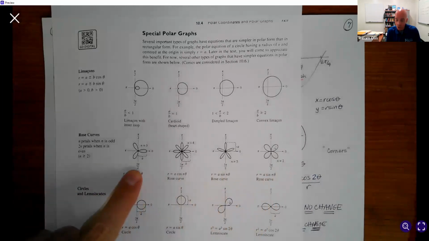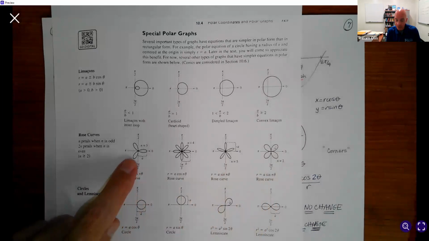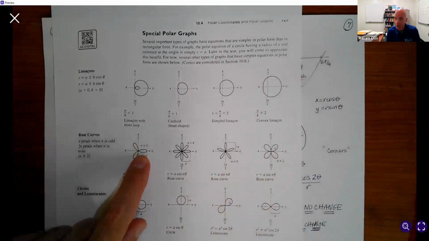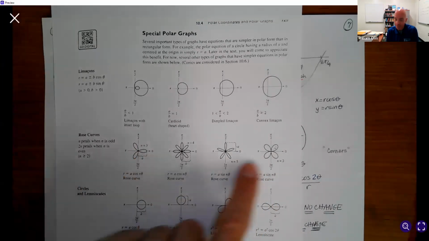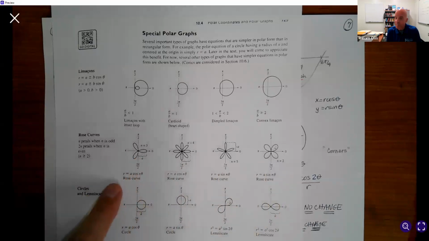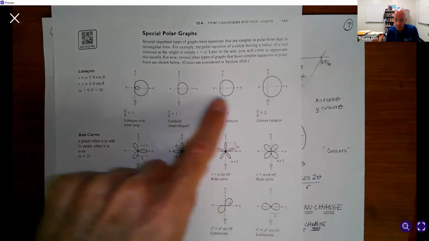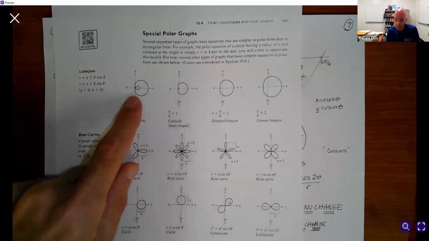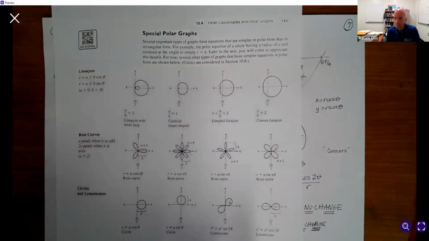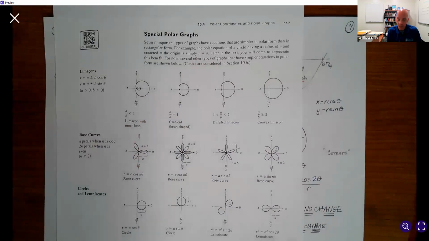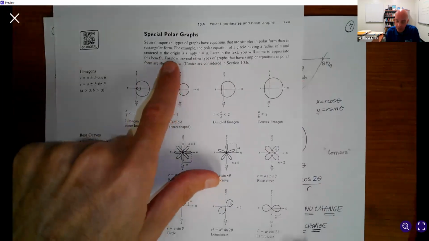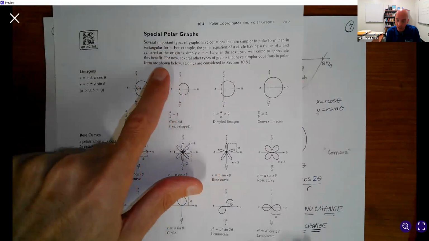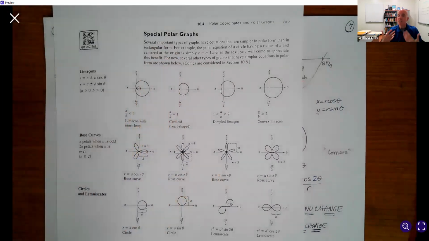We did a rose curve with the sine function, so it did not exist along the polar axis. Again, these curves are very, very simple in polar coordinates. And then, of course, the limaçons, the dimples and the inner loops and the quasi-circles, so to speak. Again, what I like here, special polar graphs that have a simple polar form.